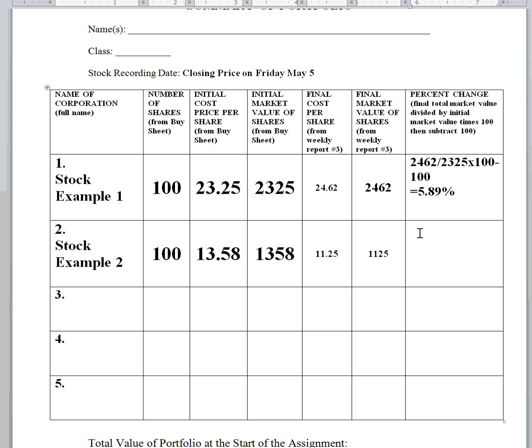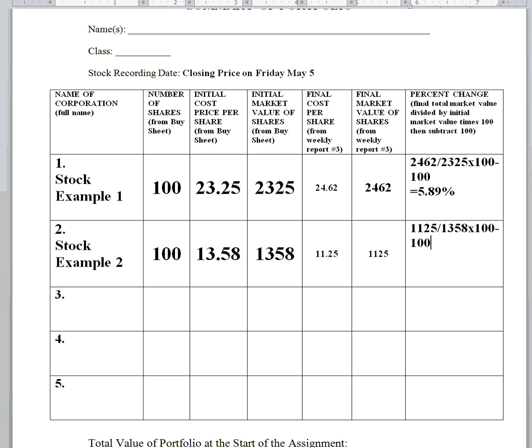So let's see what happens with this one. Again, I'm going to take the 1125. I'm going to divide it by 1358, which is my end. So it's not necessarily the biggest divided by the smallest. It's my end divided by my beginning. So example 1, I gained money. And you're going to notice in example 2, I'm going to lose money.